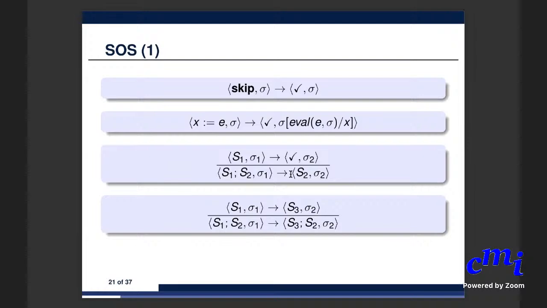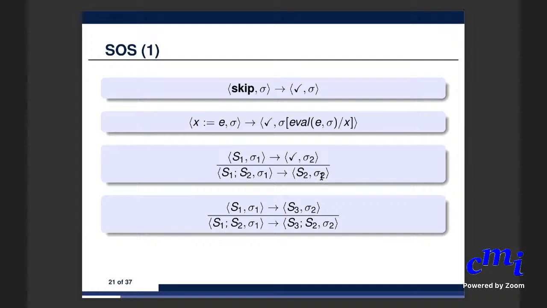You should read an inference rule as: assuming the transition described by what appears above the line happens, then the configuration below it will transition accordingly.